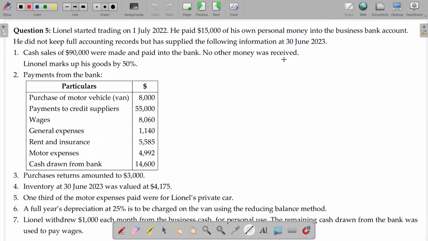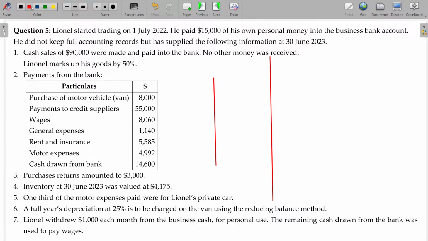So let me solve the income statement here and capital account here. Right. I will prepare capital account in an account format as it is being the account. Income statement.